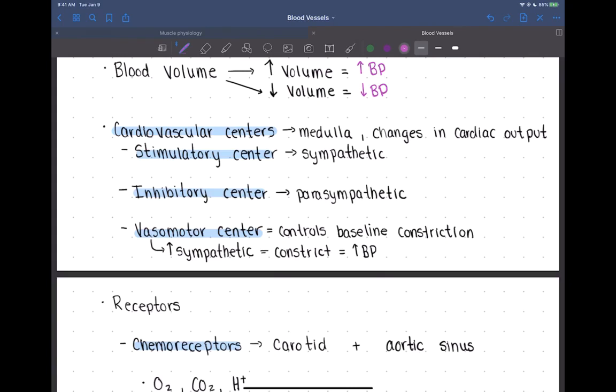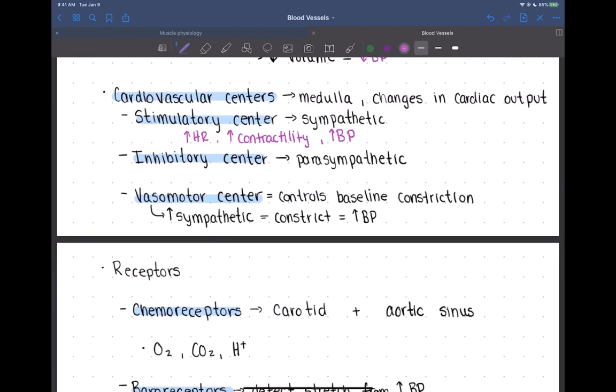So the stimulatory center will activate the sympathetic nervous system. And as a result, we'll get an increase in heart rate, right? An increase in contractility of the heart, and what we're most concerned about at this point, an increase in blood pressure, okay?